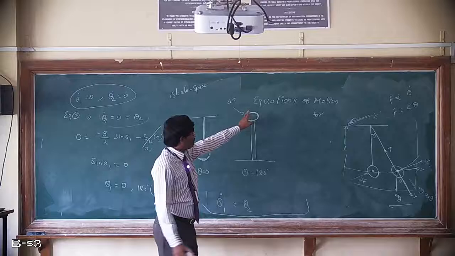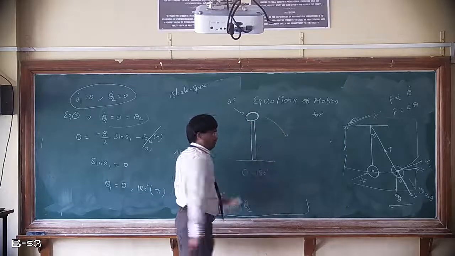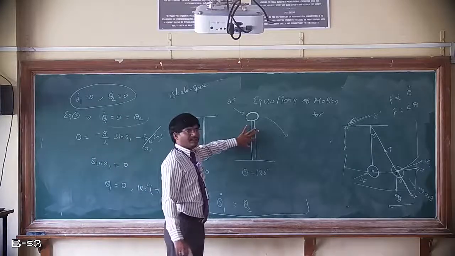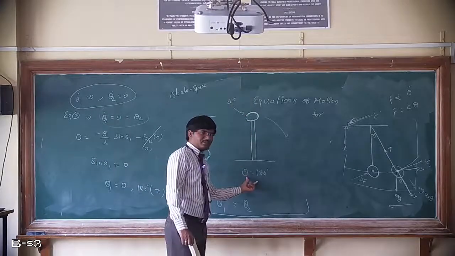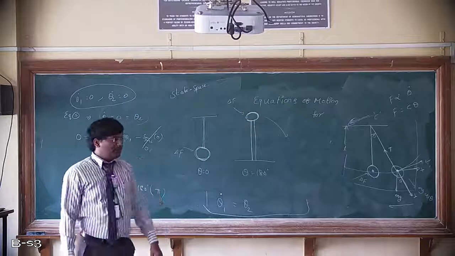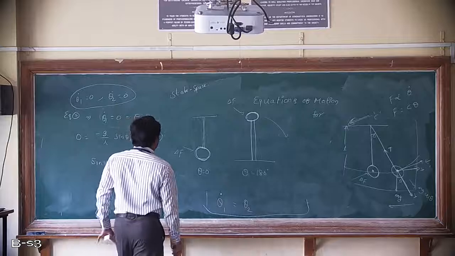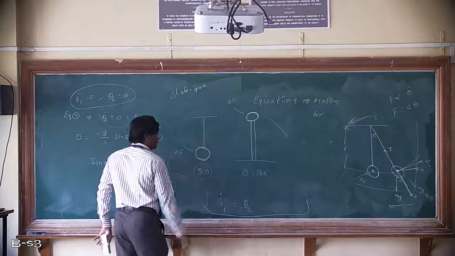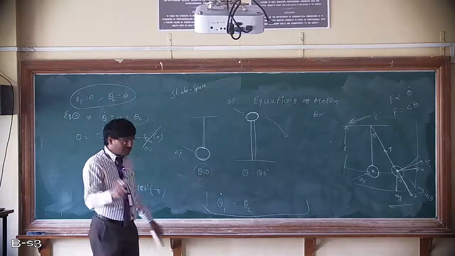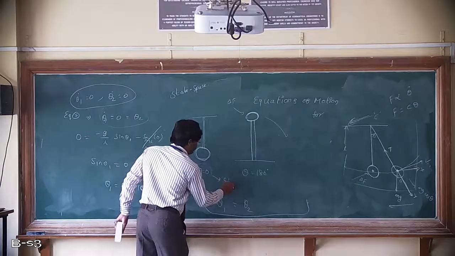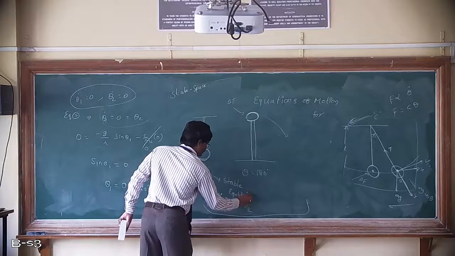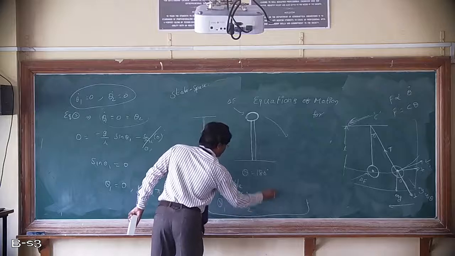But what will happen here? It will move away from the equilibrium position. Definitely, in the inverted case, at this equilibrium position, this fellow will move away from the equilibrium position. So can I say this equilibrium point at theta equal to 0 is a stable equilibrium point.